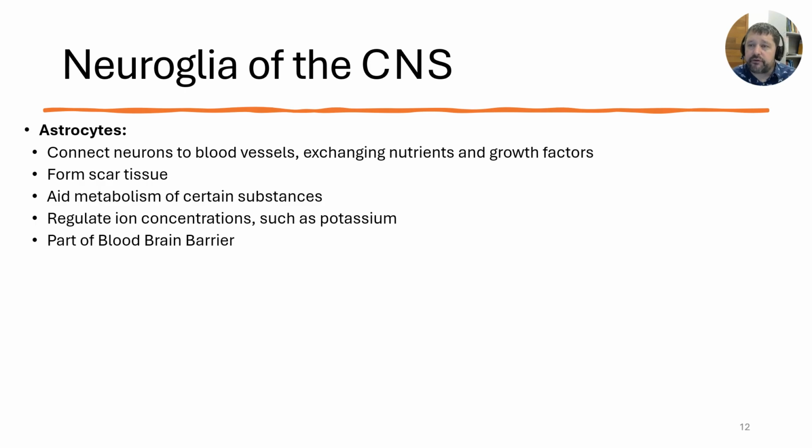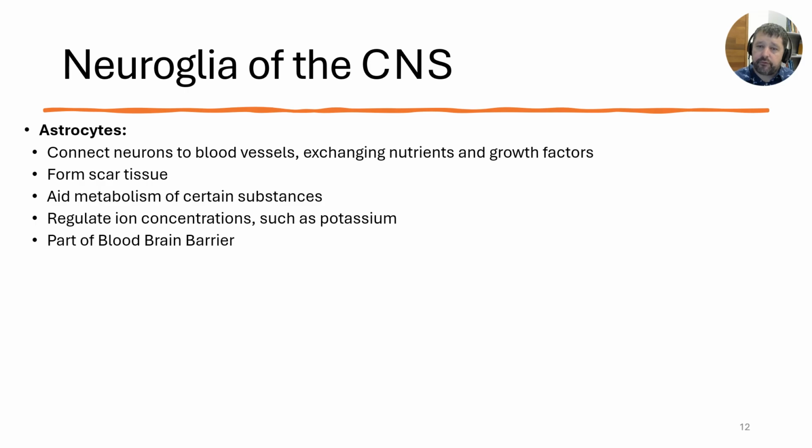There are a few different types of neuroglial cells, and all of which will have different actions, different kind of purposes. The astrocytes, these are sometimes called the star neuroglia cells. They form scar tissue. They aid in metabolism. They regulate ions, and they make up part of that blood-brain barrier.